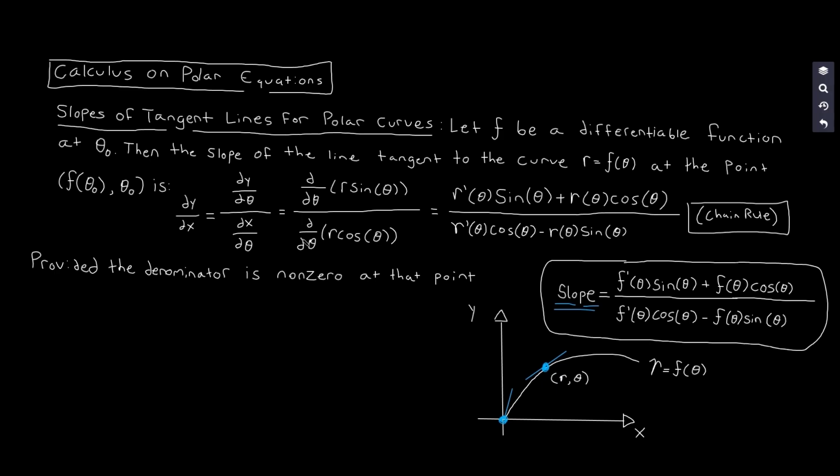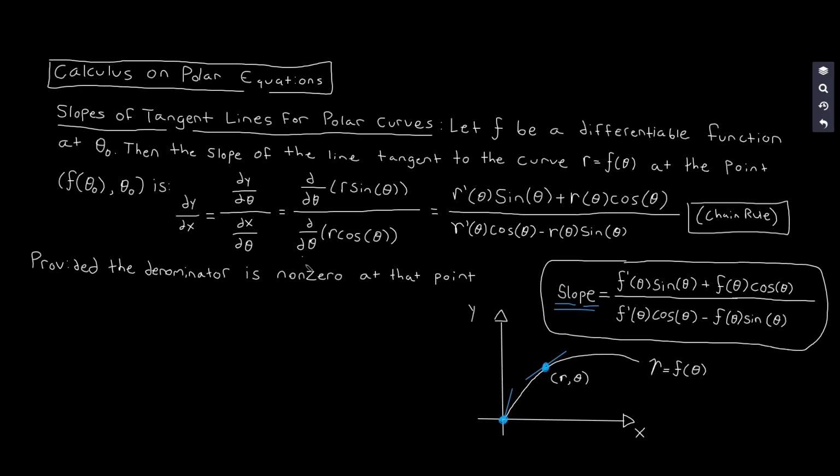Having applied the chain rule, that's going to equal r prime of theta times sine of theta plus r of theta times cosine of theta, and then in the denominator, r prime of theta times cosine of theta minus r of theta times sine of theta, provided that the denominator is non-zero at that point.